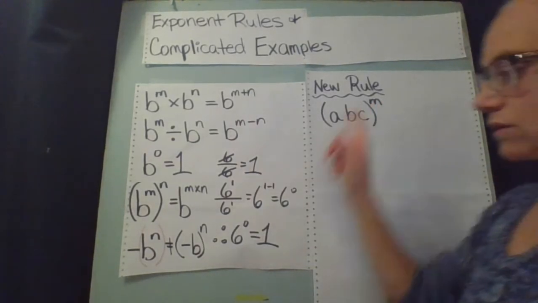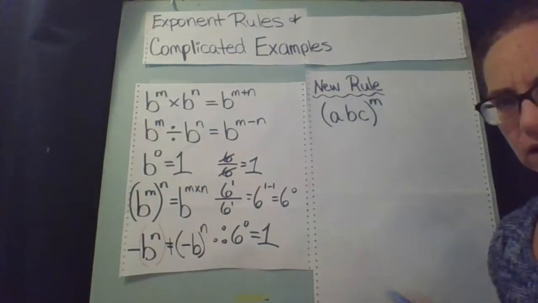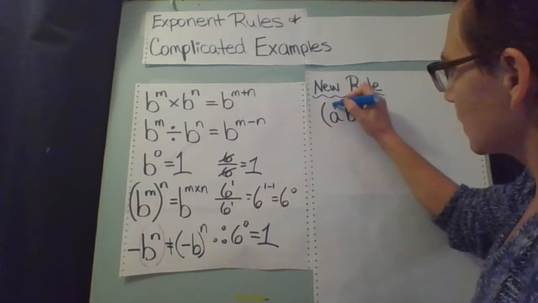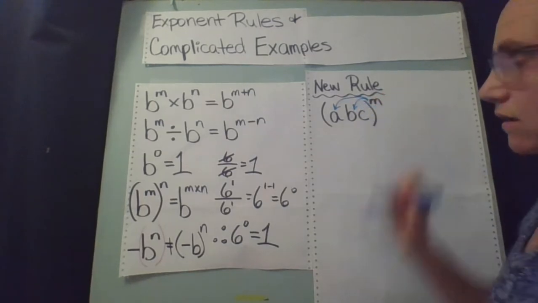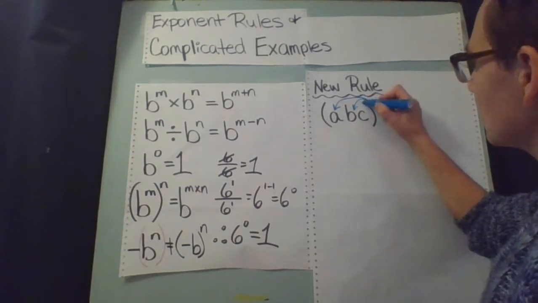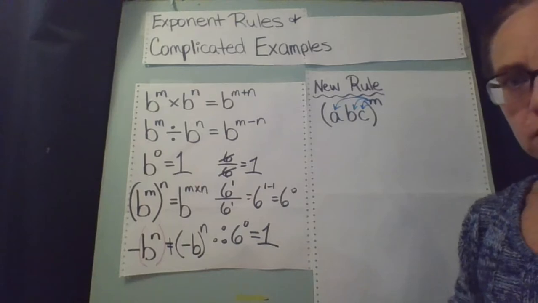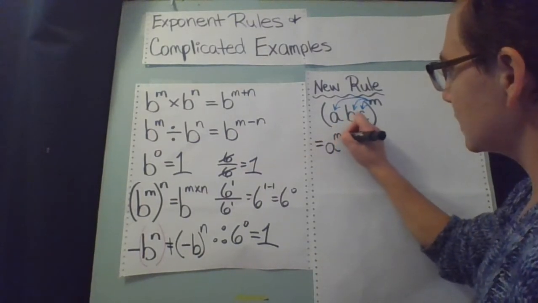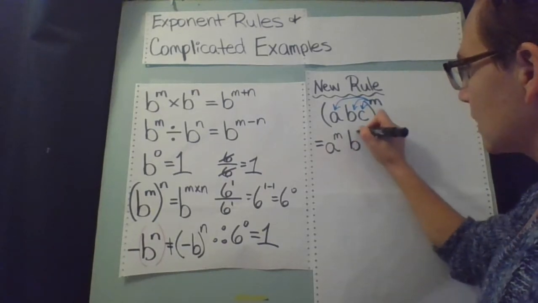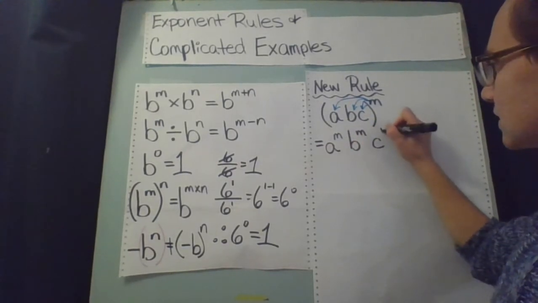Well, that exponent outside here hits everything. So that exponent is going to come in and land on the A, on the B, and on the C. That means A gets it, B gets it, and C gets it.